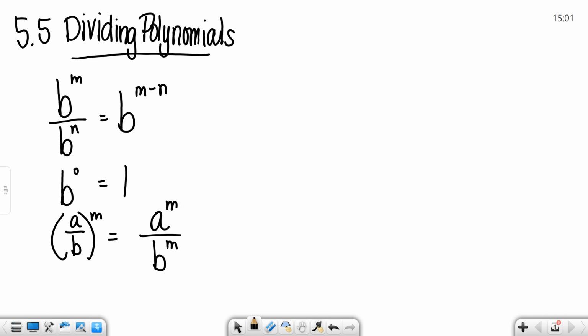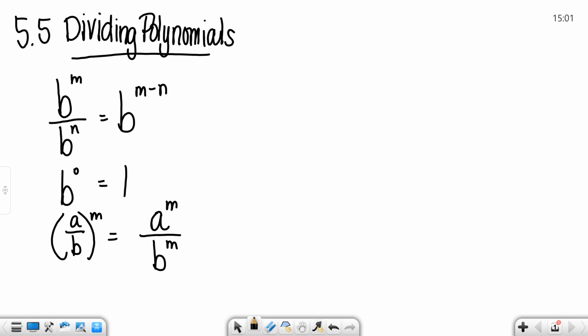So I would have a to the m divided by b to the m on this particular problem. All right, so let's go from here and see what happens.